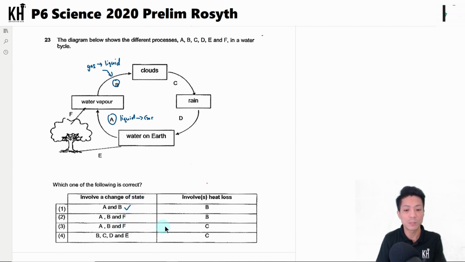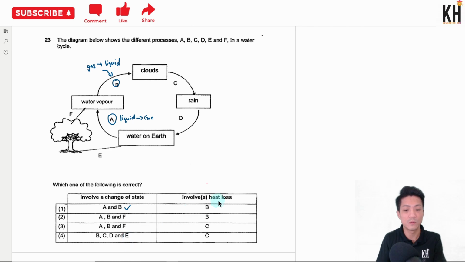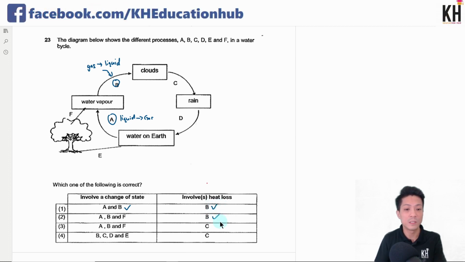I'm not so sure about F, so let us move on to does it involve heat loss? B will definitely involve heat loss. C, definitely not heat loss.